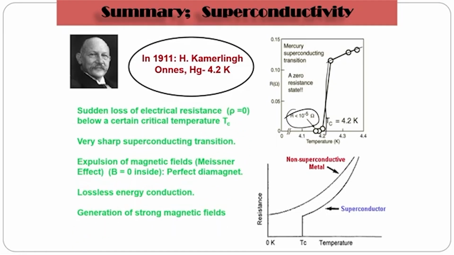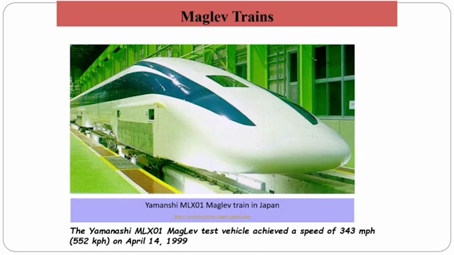So, the features are: sudden loss of electrical resistance below a certain critical temperature, sharp superconducting transition, expulsion of magnetic field, which is the Meissner effect, perfect diamagnetism, lossless energy conduction, and generation of very strong magnetic fields. These are some of the applications of superconductors.